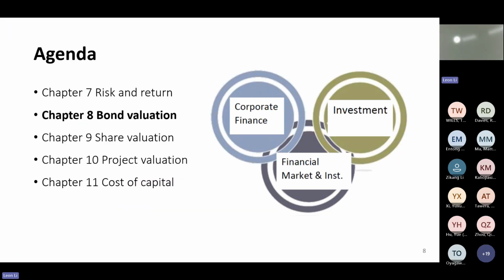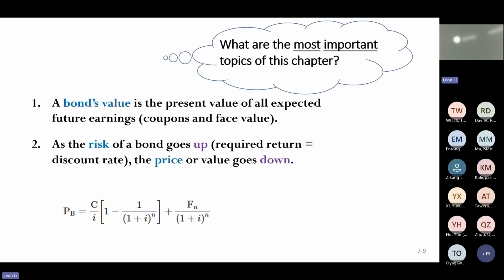Next, chapter 8, bond valuation. I remember the bond valuation formula is here. So bond value is the present value of all future earnings. For a bond, we have coupon payments and the lump sum payment, the par value at maturity.